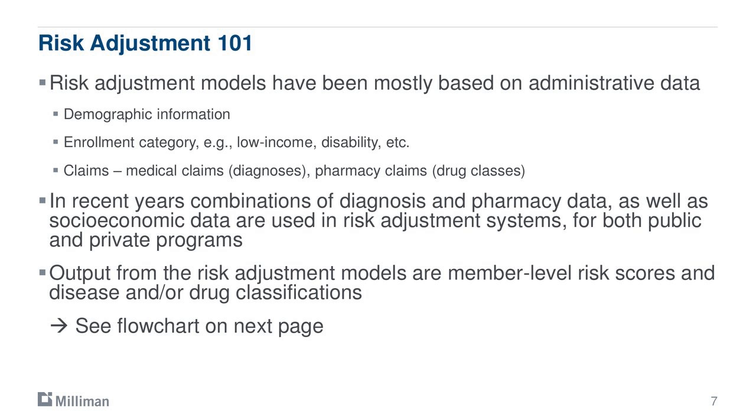The output of these models, using demographic or medical or other types of information, is a member-level risk score. So let's say that the risk score is 1.0. What does that represent? 1.0 actually represents, in a relative sense, that the member is expected to have the average spending for healthcare resources for a reference population.